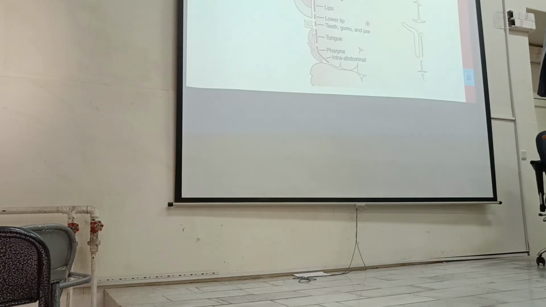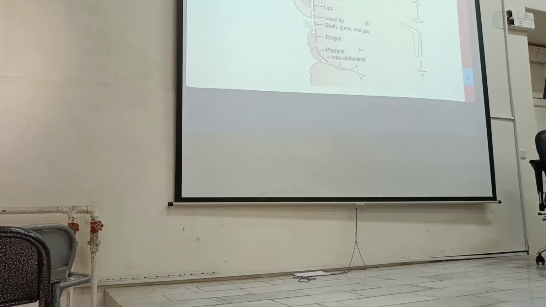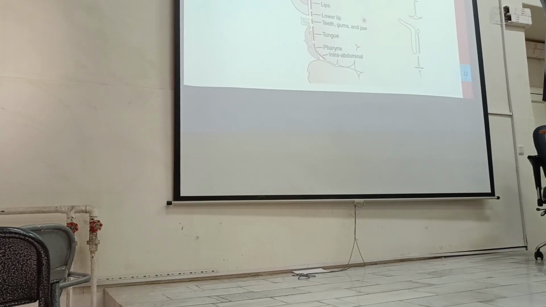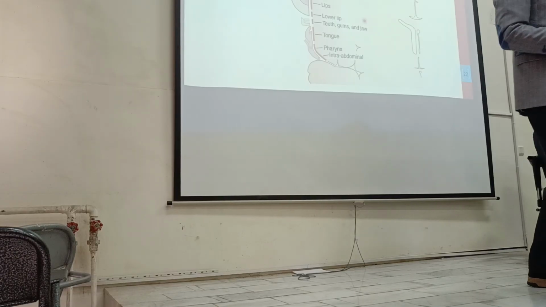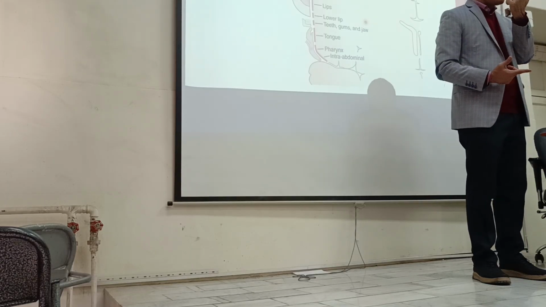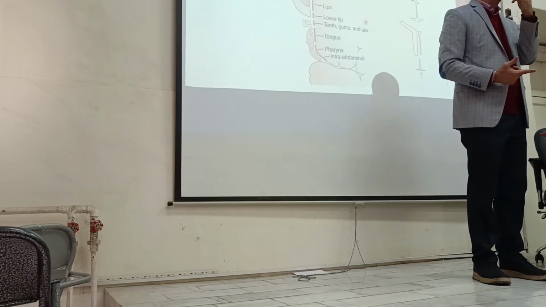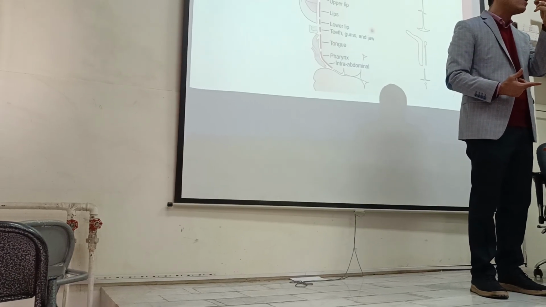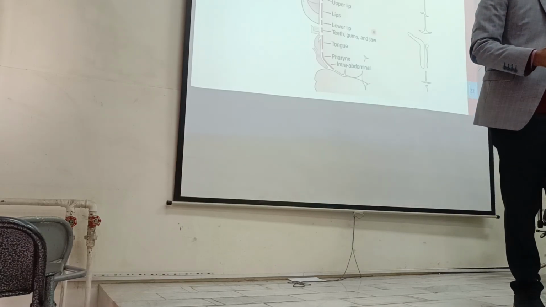For expression, which is a motor action, we need sensation in order to guide actions, right? That's why we have a lot of receptors in the lips, because we use the lips for speech.